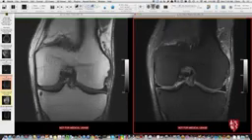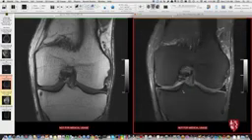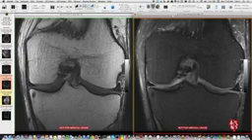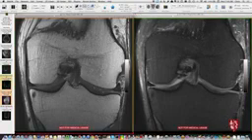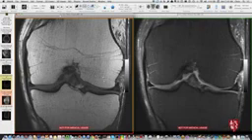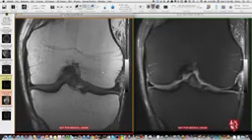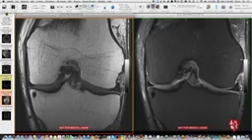That's where the fluid sensitive sequences are probably the best advantage, because on a T1 weighted scan, you don't really have great contrast between cartilage and fluid. Like the definition of a T1 is that fluid is low signal relative to cartilage, at least operationally. So not much contrast there, but on this PD fat set, you have great contrast.